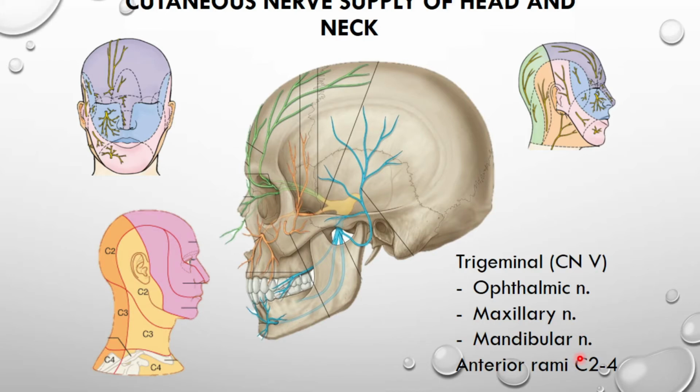It's really important that you can distinguish between those 3 functional areas. Motor innervation of the face is facial nerve. Sensory innervation of the face is trigeminal nerve, and muscles of mastication are trigeminal nerve via only the mandibular division.